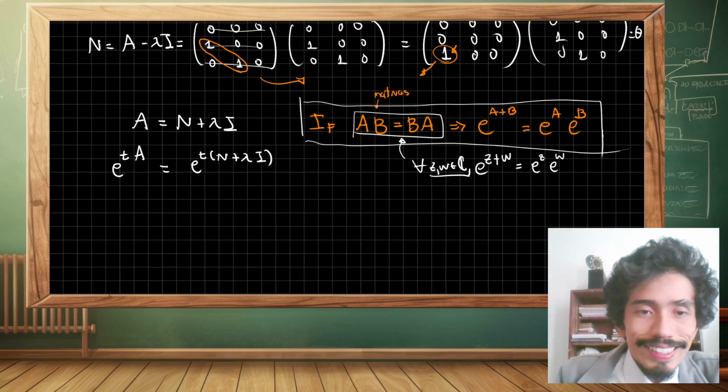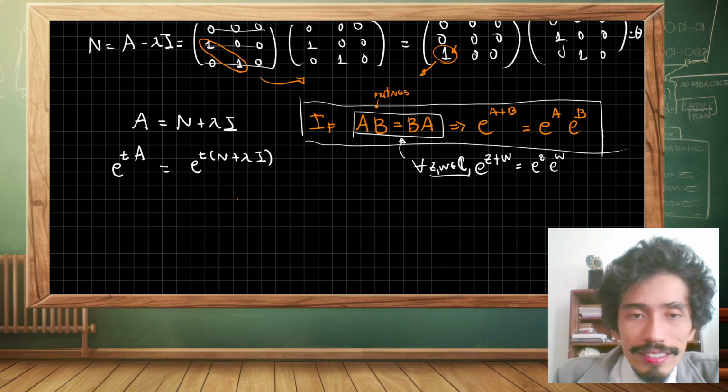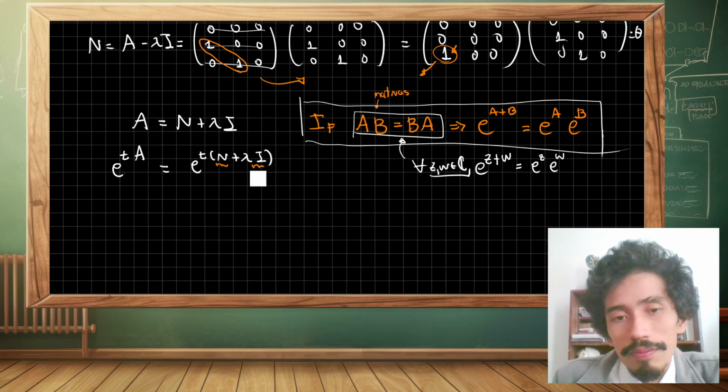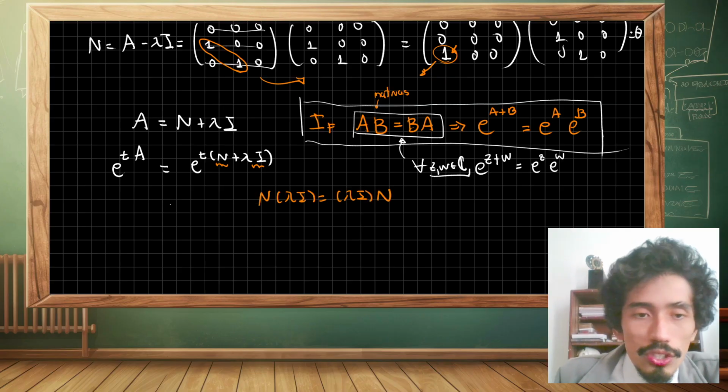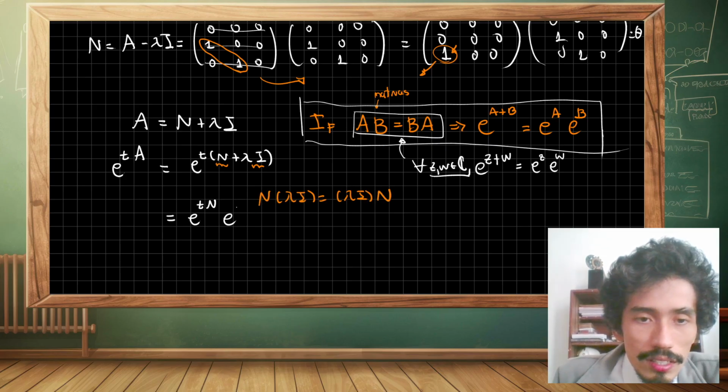So in this case, the matrices are N, which is nilpotent, and the identity matrix, which by definition commutes with everything. So N always commutes with this matrix. This is trivially true. So you can have this and this one.